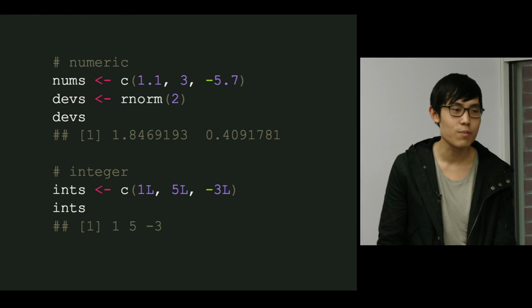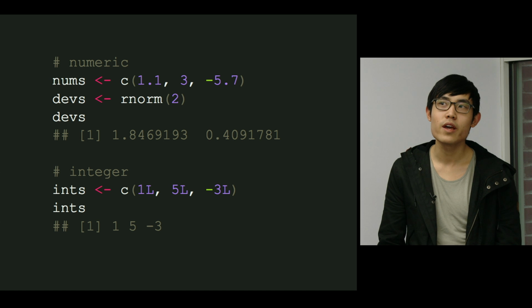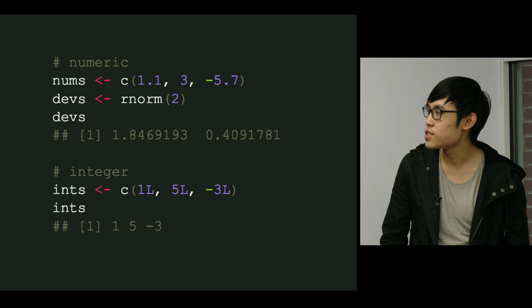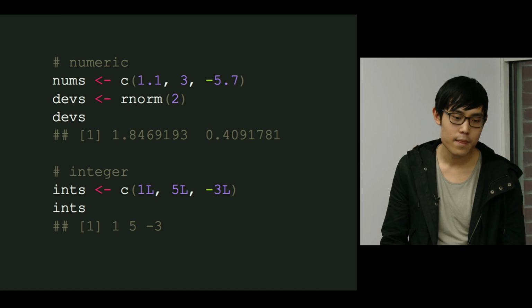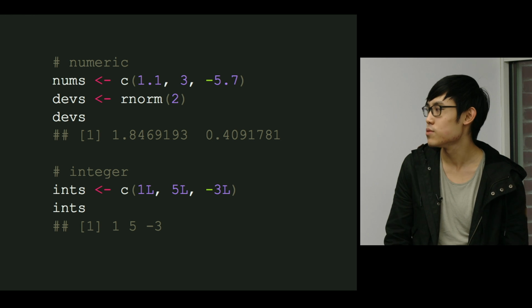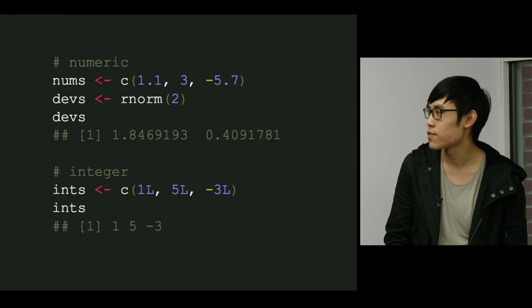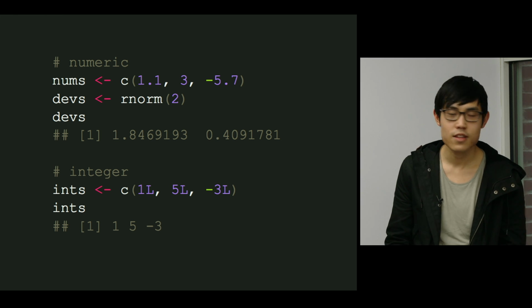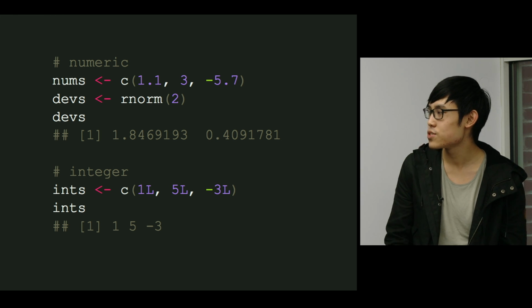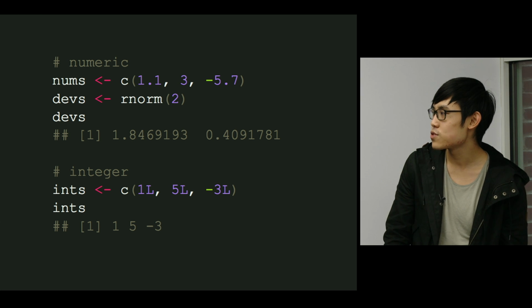So here are a bunch of vectors. This is numeric. Numeric is R's way of saying double. By default, any number will be a double. So if you have c of 1.13, negative 5.7, the c is a function that concatenates all 3 numbers into a vector. And if you notice 3 by itself, normally you would assume that this is an integer.